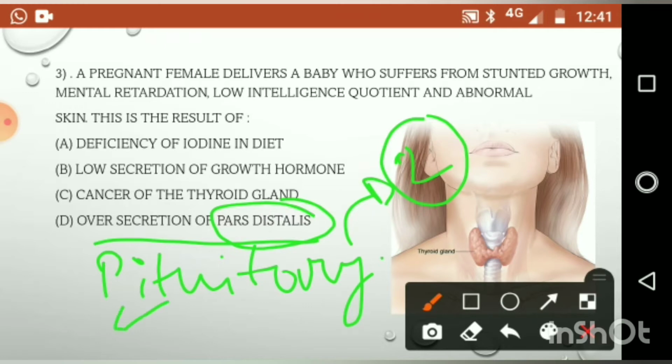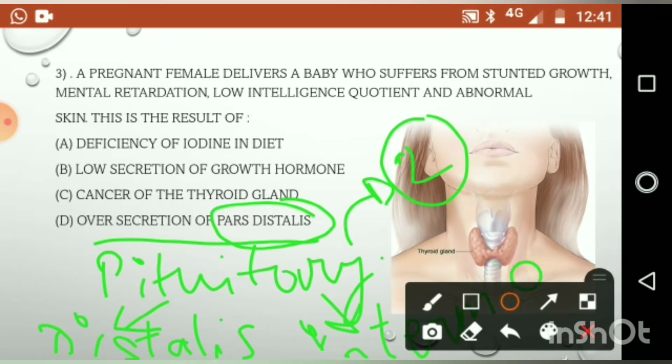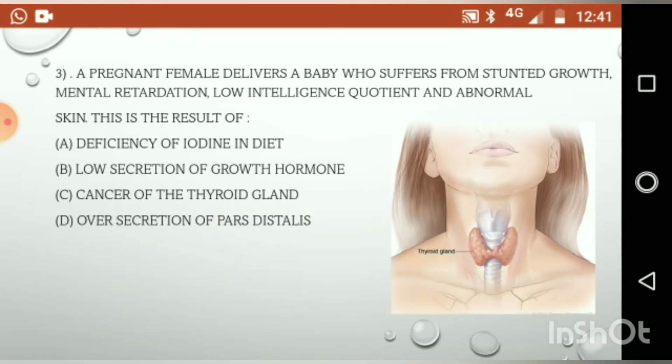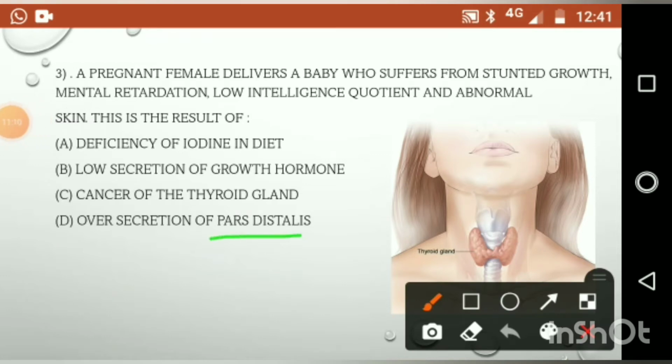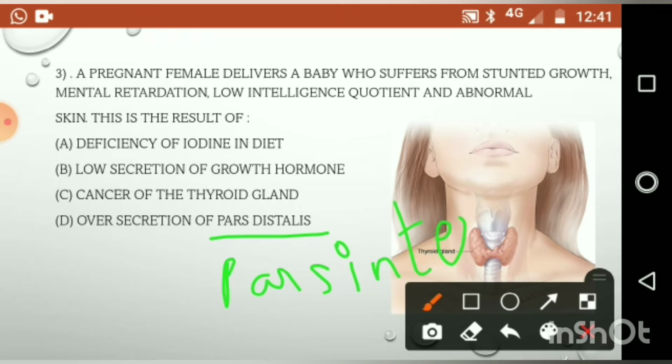That is the pars distalis and the pars intermedia. Okay, so it has pars distalis and pars intermedia.